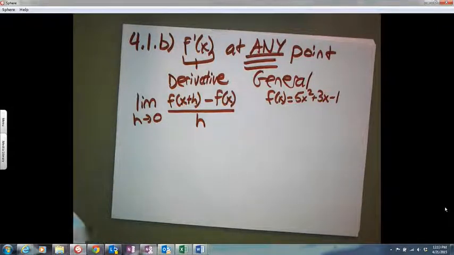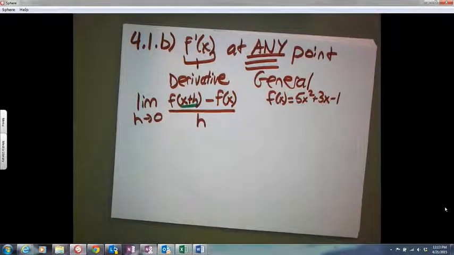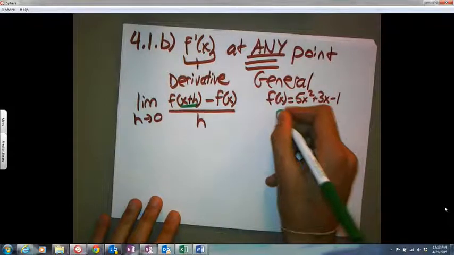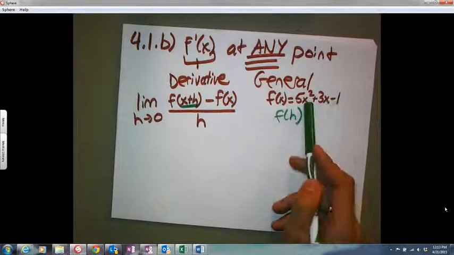What would I write to get f of x plus h? So what you said would be right if the question was asking for this. You said substitute x for h. But the question is asking for f of x plus h.